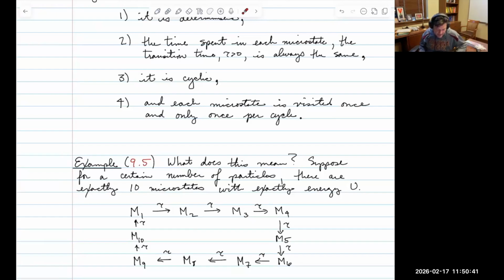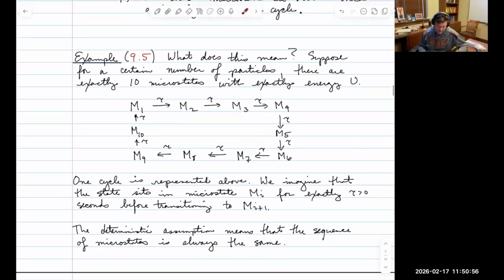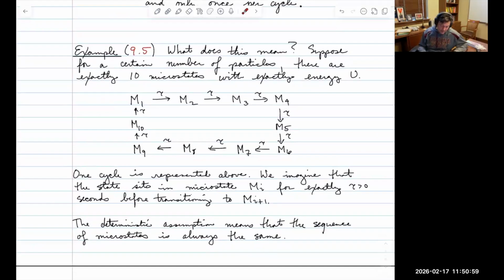So what do I mean by ergodic? That's a working definition that is good enough for our purposes, but an example is going to go a long way to showing you what's going on here. So what does this mean? Well, suppose that for a certain number of particles, there are exactly 10 microstates with exactly the same energy.